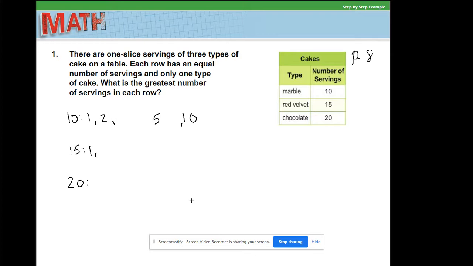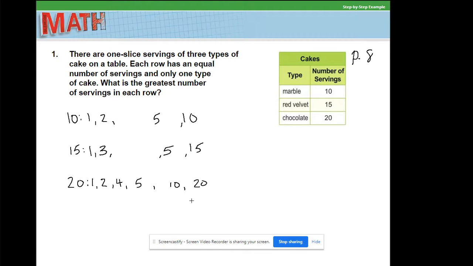So 1 times 15 is 15. Not 2, but 3, and 5. And then we don't have anything for 4. Lastly, we have 20, which is 1 and 20, 2 and 10, 3, nope, 4, yes, 4 and 5.